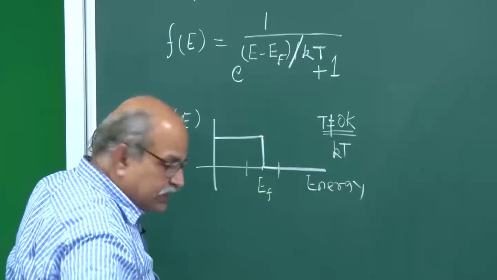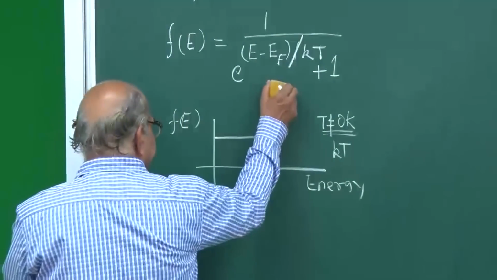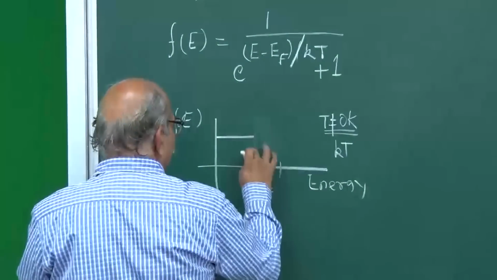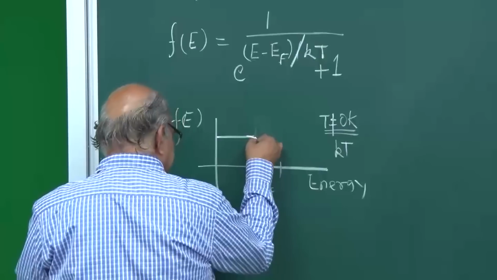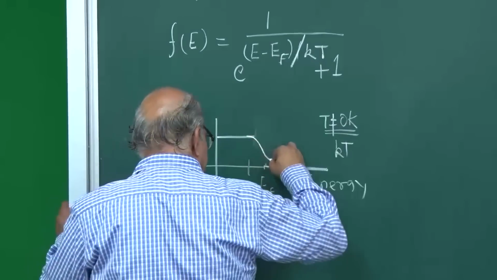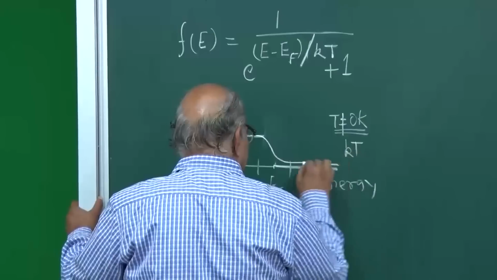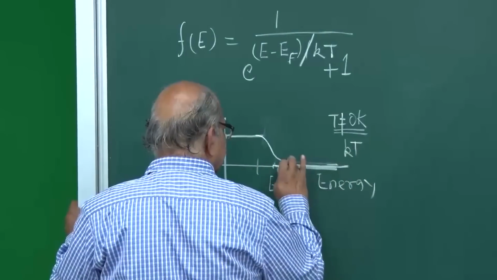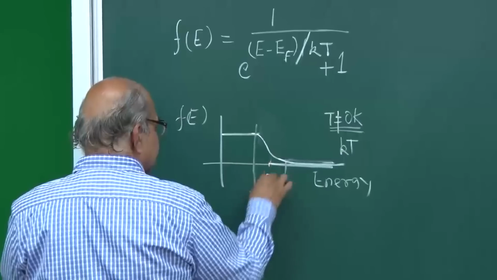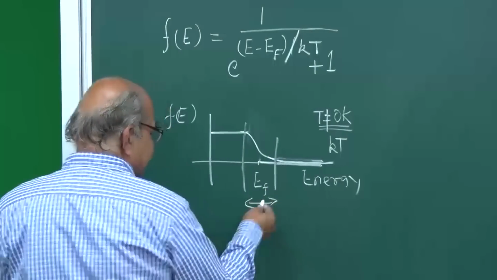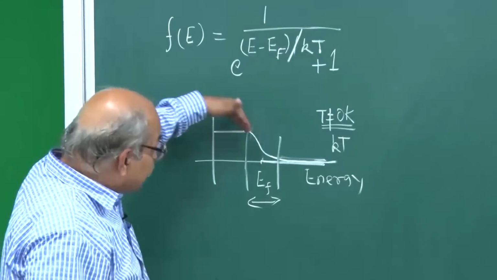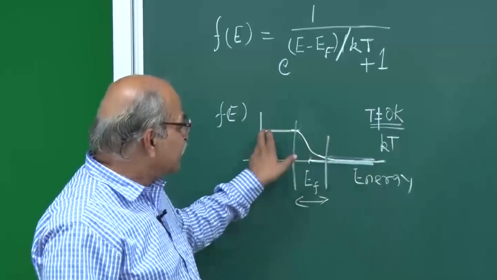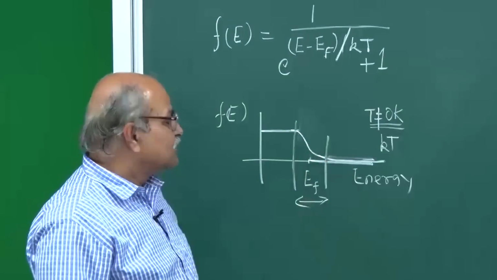And if I redraw this, it looks like something of this sort. So only in a small region, which may be 2-3 kTs, you can see there is a change. There is almost 1 here, there is almost 0 here, and in this part there is some change.